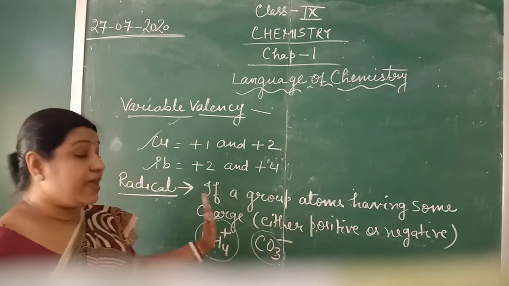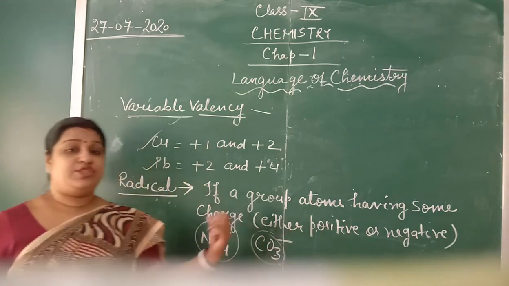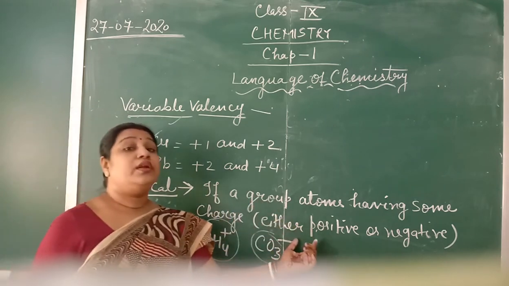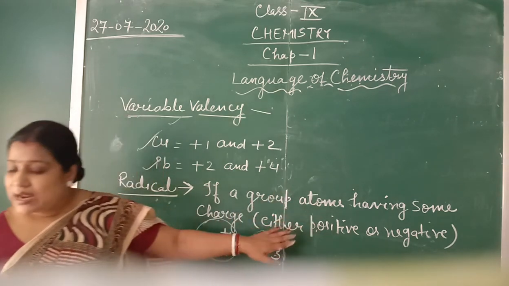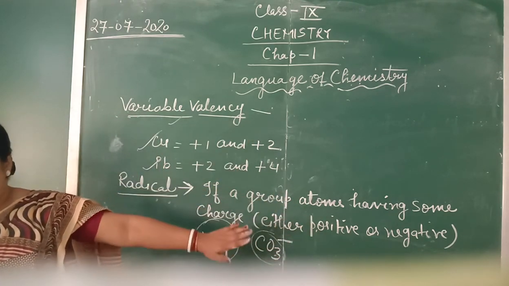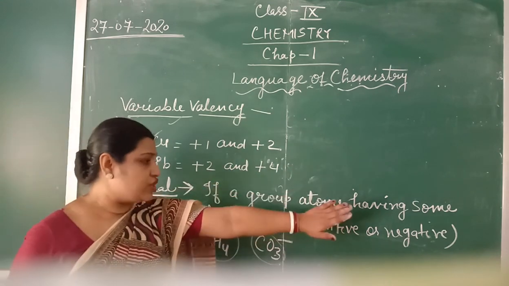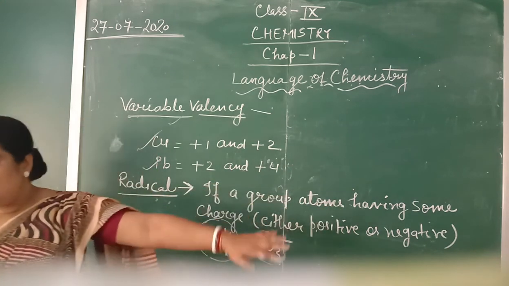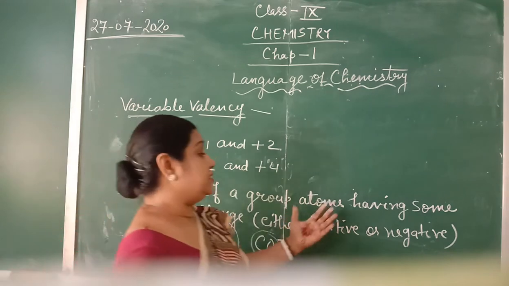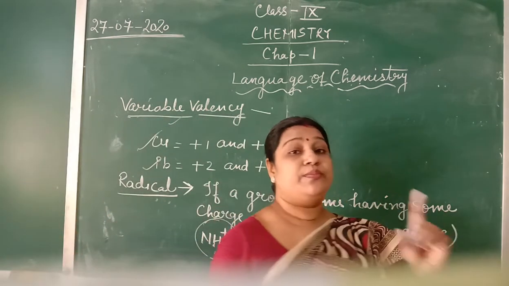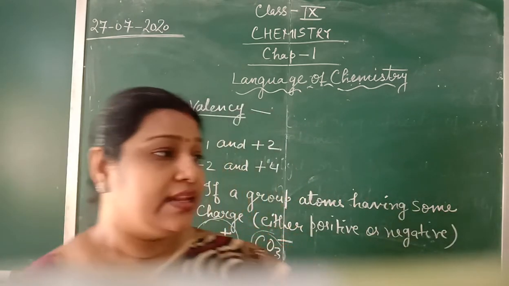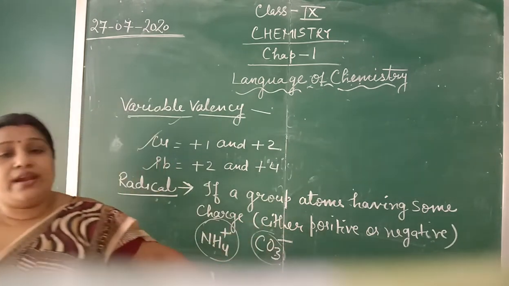Radicals always possess a charge, either positive or negative. So what are radicals? A group of atoms having some charge, either positive or negative, and retaining its own identity, behaving as a single entity, are called radicals.